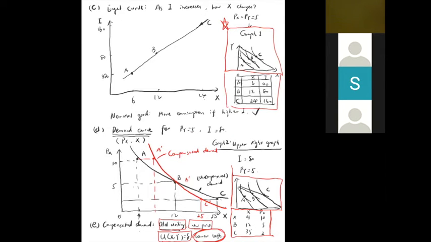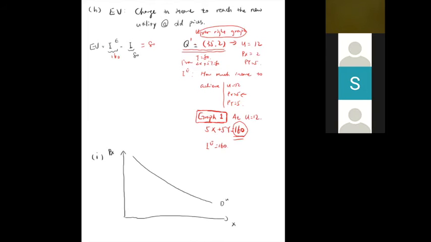Here I will just redraw it and also add the new line after the price change. So I'll use this as uncompensated, and the red line as the compensated. So this is the old one.